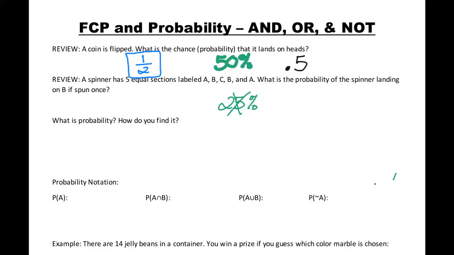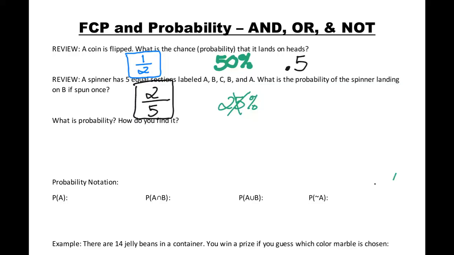It's okay, you can say it. 5. Thank you. That 5 is going to go on the bottom. How many of those sections are we looking for? What's the probability of landing on B? How many B's are there? 2. So that is the probability, 2/5. That's the correct answer.